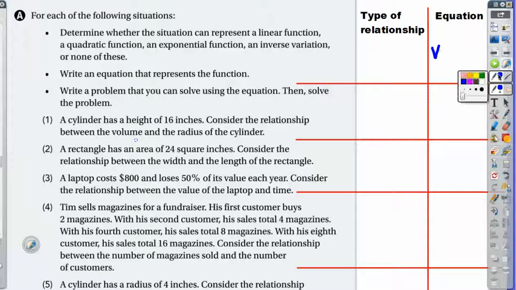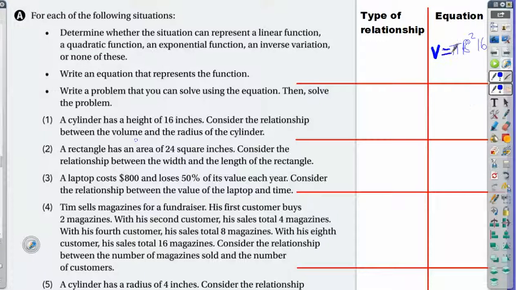Volume is equal to the area of the base, which is pi r squared, times the height. In this case, the height is 16.